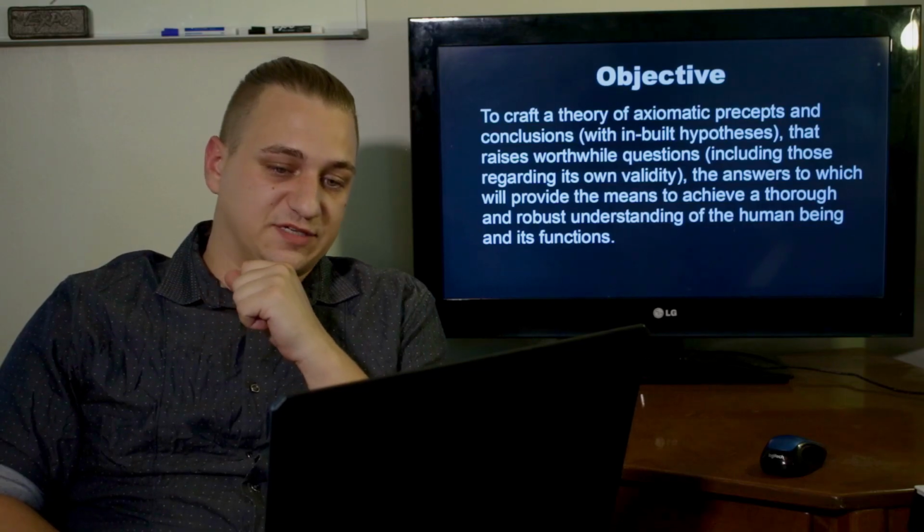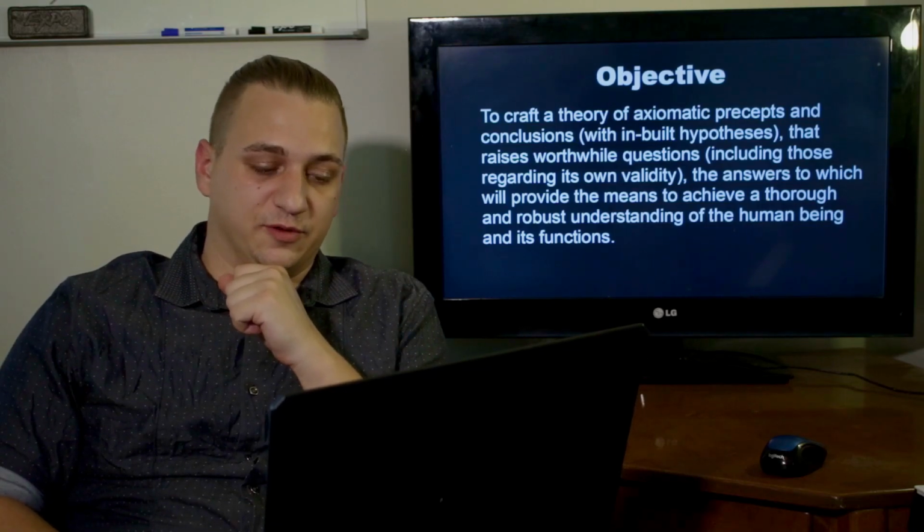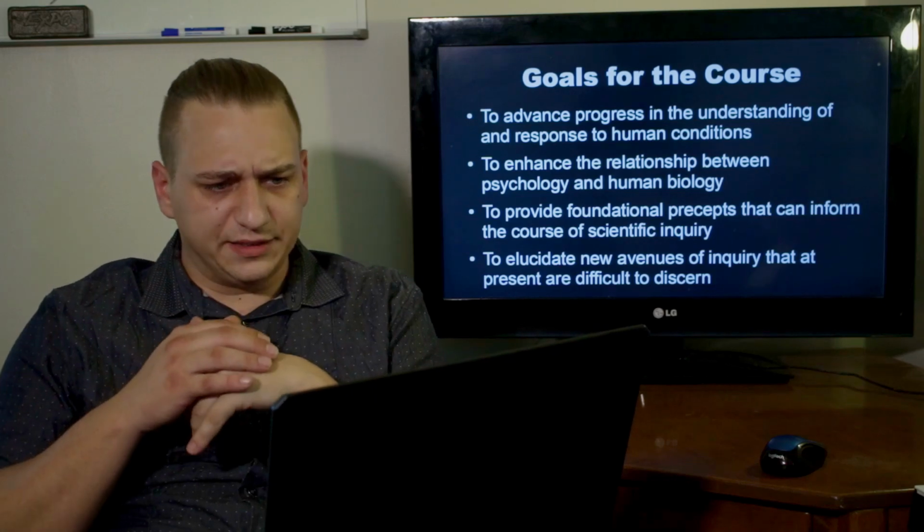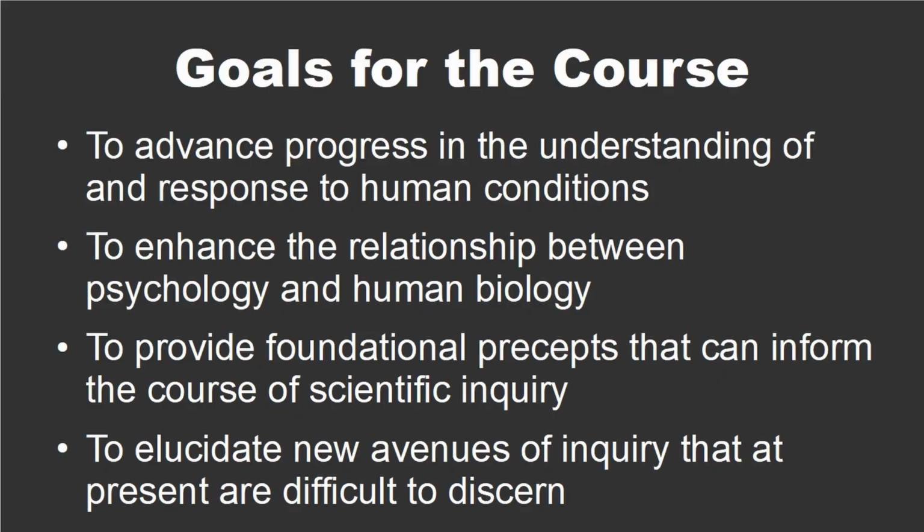And if I can be successful in doing this, it will pursue the following goals. 1, to advance progress in the understanding of and response to human conditions. 2, to enhance the relationship between psychology and human biology. 3, to provide foundational precepts that can inform the course of scientific inquiry. And 4, to elucidate new avenues of inquiry that at present are difficult to discern.